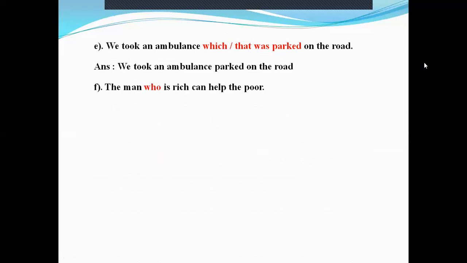F. The man who is rich can help the poor. If there is a subject, then who, then an adjective, you just omit who and rearrange the sentence to make the sense clear. Then the answer will be a rich man can help the poor.